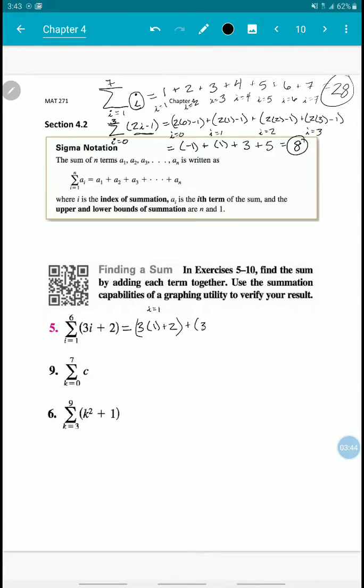And then if I is equal to 2, when I is equal to 3, when I is equal to 4, when I is equal to 5, and then when I is equal to 6.